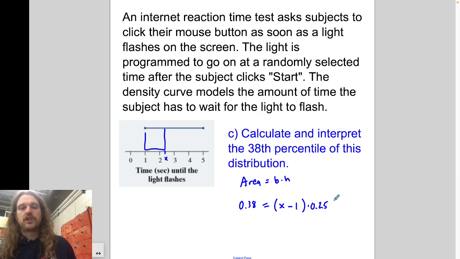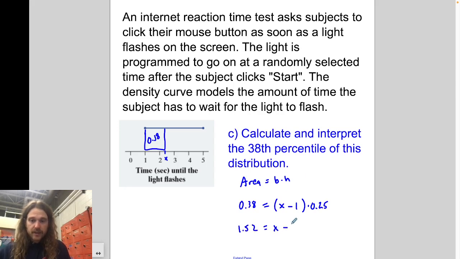And now we have an equation to solve. I know that the area in here is going to be 0.38. So we divide both sides by 0.25 to get 0.38 divided by 0.25, which is 1.52, equals x minus 1. Then add 1 to both sides to get x equals 2.52 seconds.